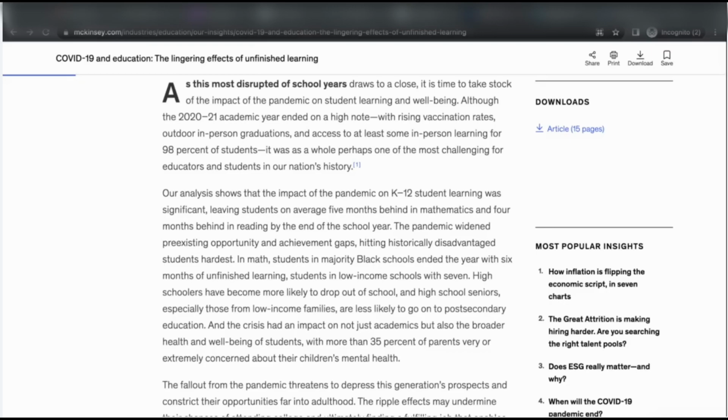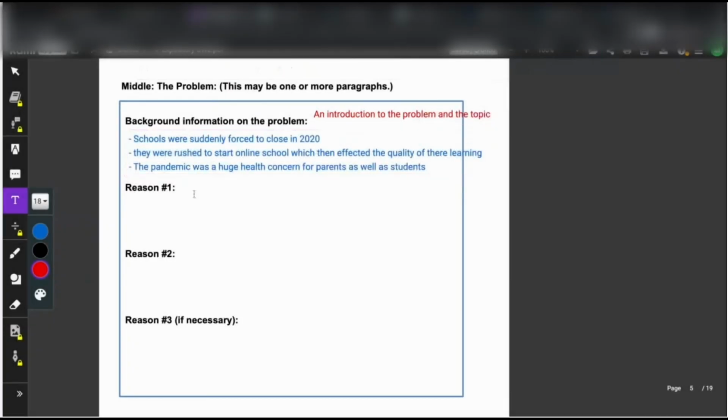So you're focusing more on the pandemic. So you can talk about when the pandemic started, and then schools were forced to suddenly close, things like that. So that would be your background information, an introduction to the problem and the topic itself. Okay. Well done. These are very good points.